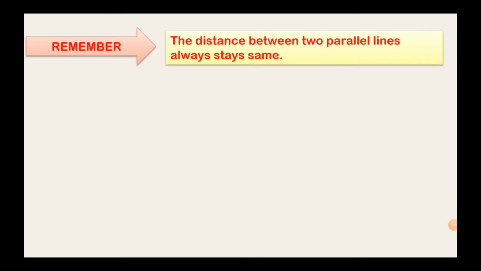Okay, do you remember that the distance between two parallel lines always stays the same? Well, let's think about this information. We know that opposite sides of a parallelogram are parallel. In this parallelogram, AB and CD are parallel. So, we can say that the distance between these sides always stays the same.